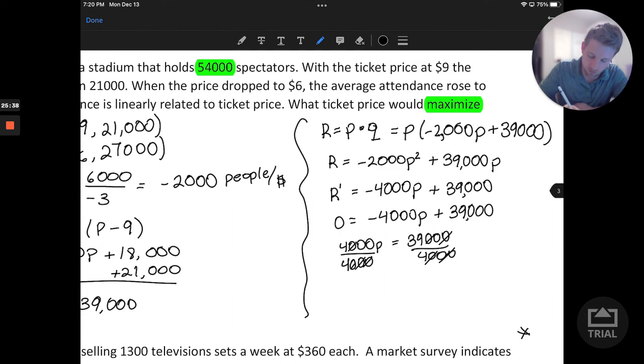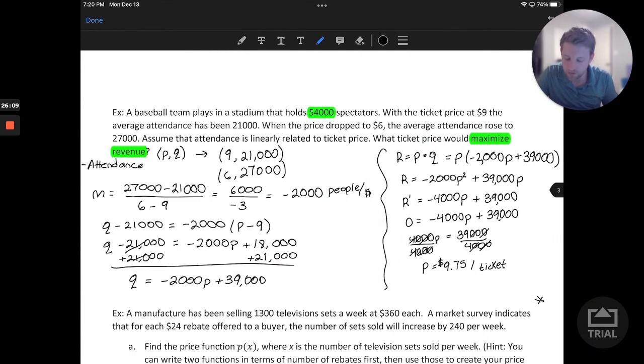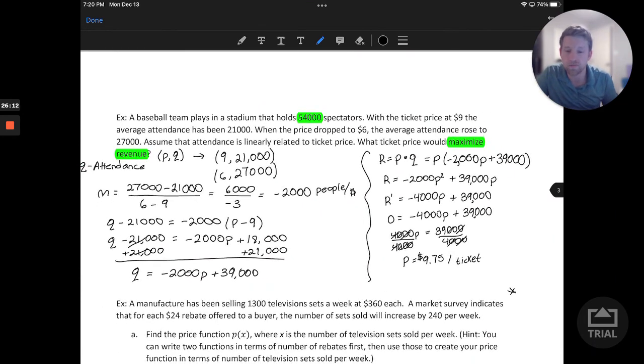It looks like we will get 39 over 4, which we can translate as a decimal because this is a price: 9.75, or 9 and 3/4. Again, that's the price per ticket, and that will be the price that's going to maximize the revenue for this baseball team through ticket revenue.